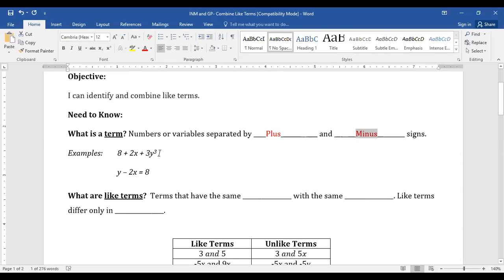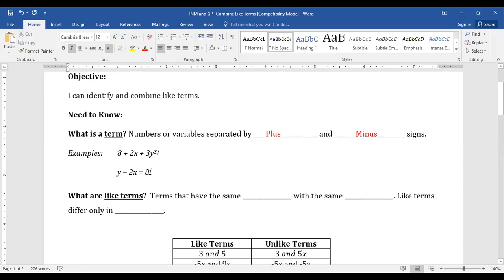So in these examples here, 8 plus 2x plus 3y to the third power, there are 3 terms here. It looks like more than that, but you've got to remember 8 is a term by itself, 2x is a term by itself because it's bound together with the x by multiplication. 3y to the third is an exponent in multiplication, so the 3 and the y to the third power all go together, so there are 3 terms there.